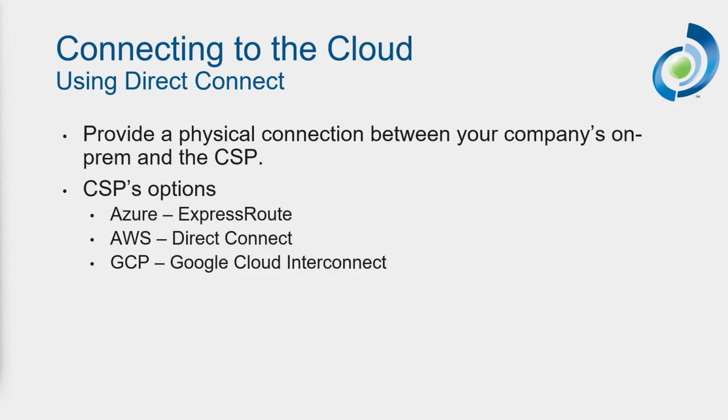None of these CSPs own the architecture or the thoughts behind how these things are established, but they do have different products. And the way they set up their products makes this work in the same way that it would if you were going data center to data center. So the Azure product is called ExpressRoute. The AWS product is called Direct Connect. And the GCP product is called Google Cloud Interconnect.